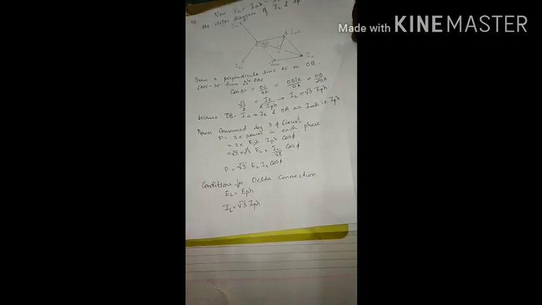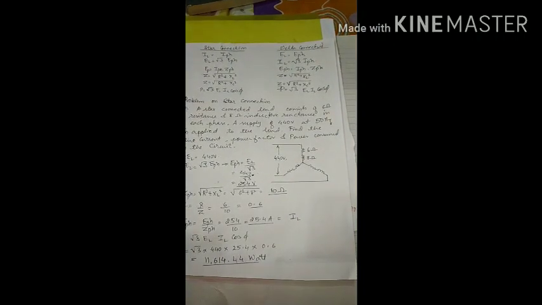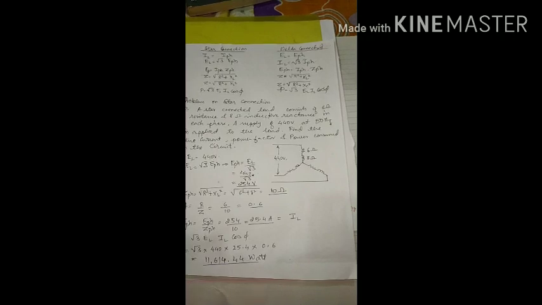Let's look at a problem on star connection now. The formulas which are required for star connection are IL is equal to I phase, EL is equal to root 3 E phase, E phase equal to I phase into Z phase, that is the E is equal to IZ formula.